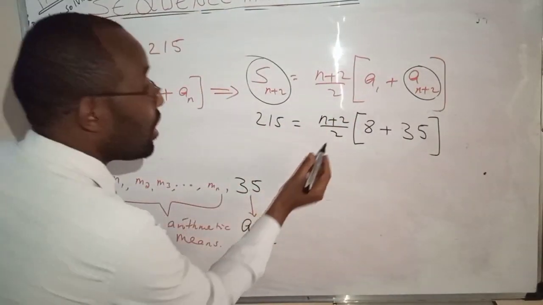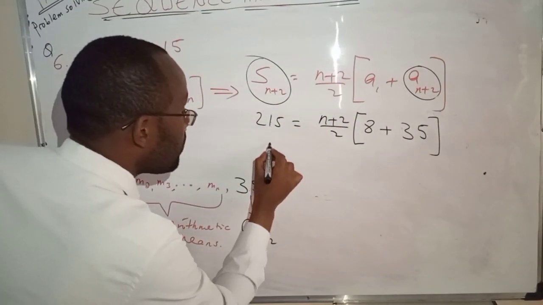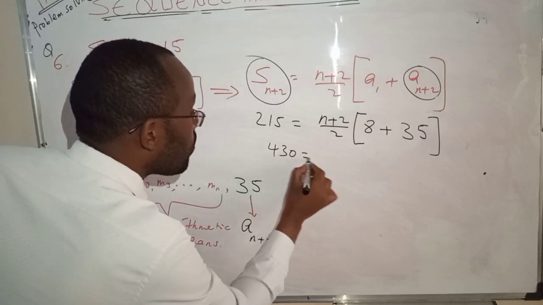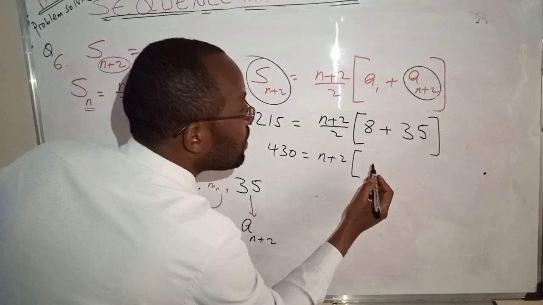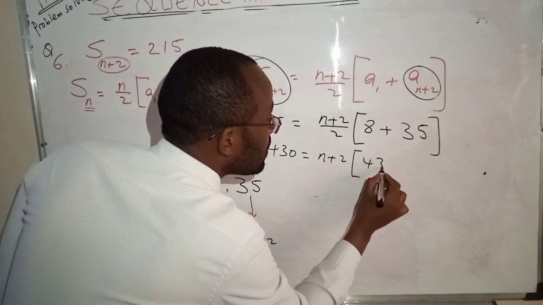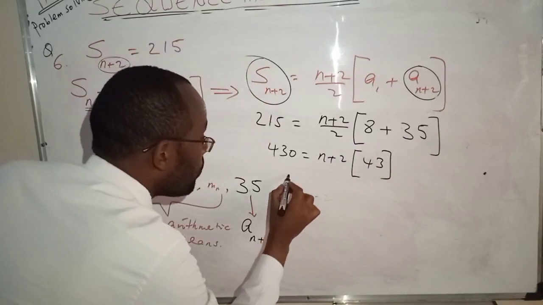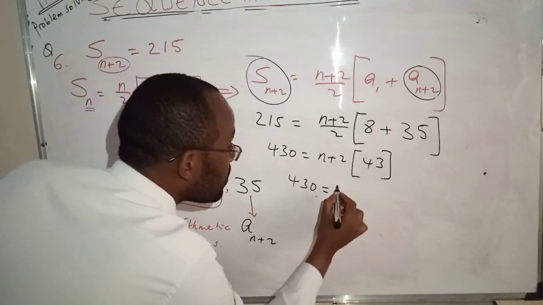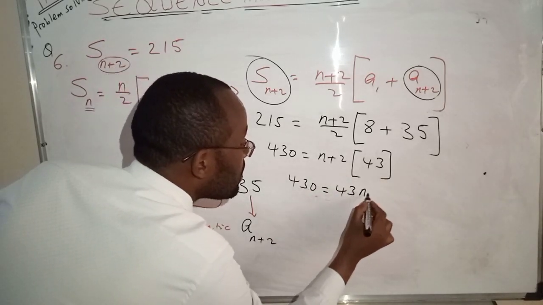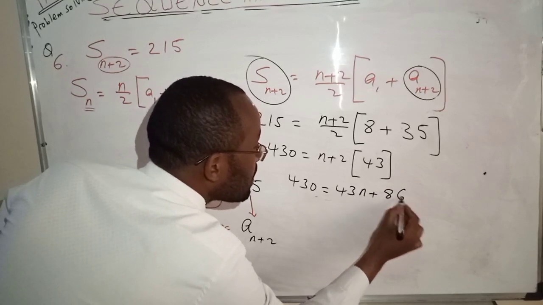So cross multiplying, 430 equals (n+2) times (8 plus 35). What is 8 plus 35? It is 43. So 430 equals 43n plus 86.